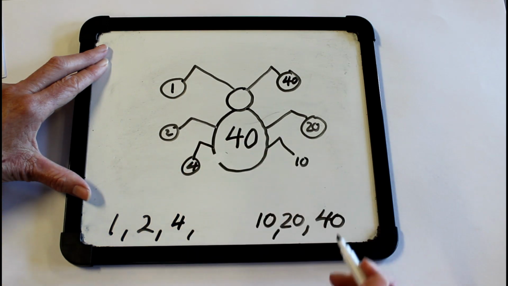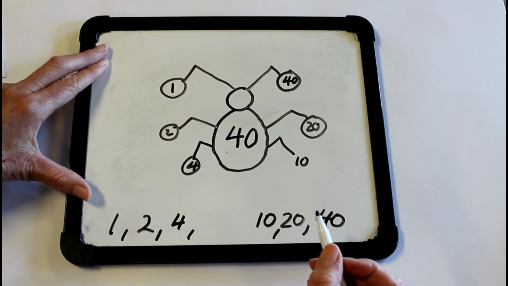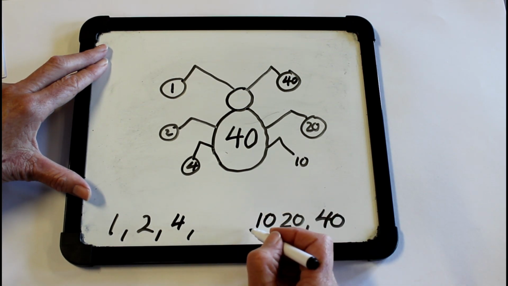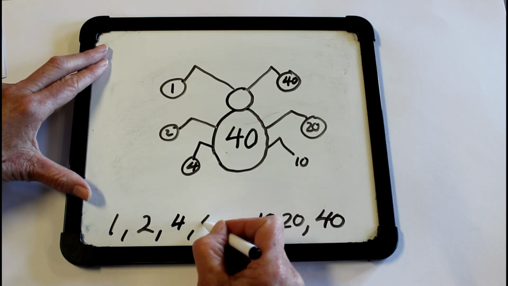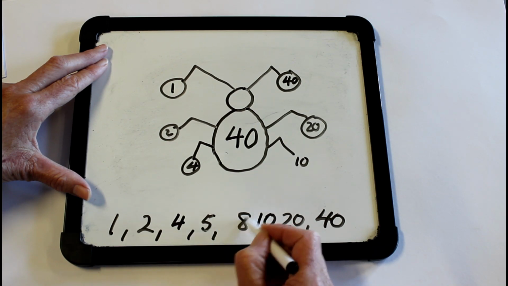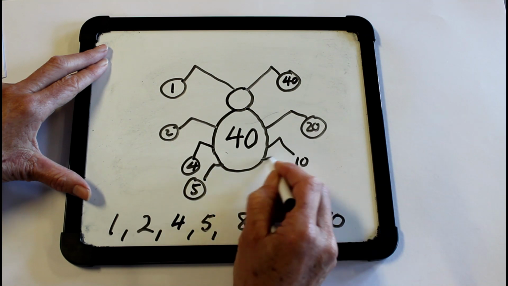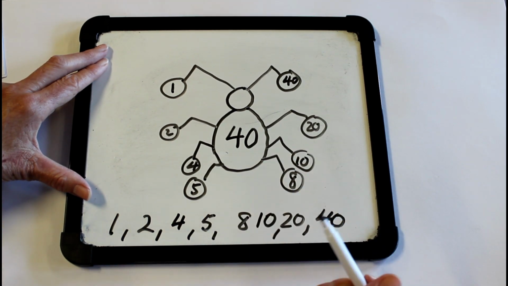That doesn't look right, but 4 and 10 are part of the factors of the factor bug for 40. Is there anything else that makes it? Well, I do know that 5 does. So I can do 5, and I know that 5 8s are 40. So I'm going to put another 2 legs on, 5 and 8. So here is my factor bug.